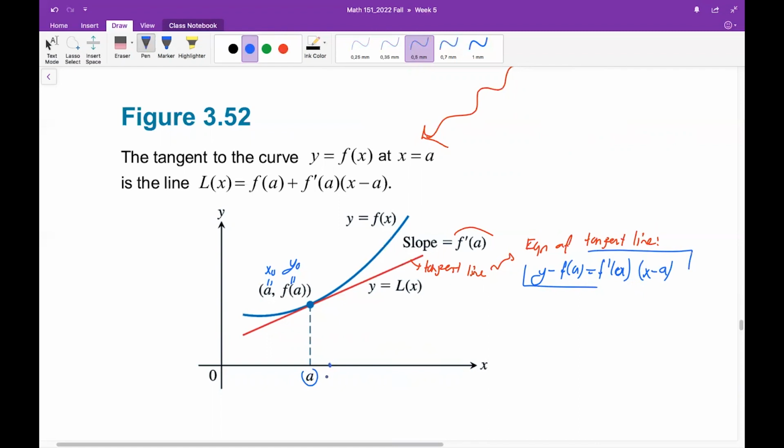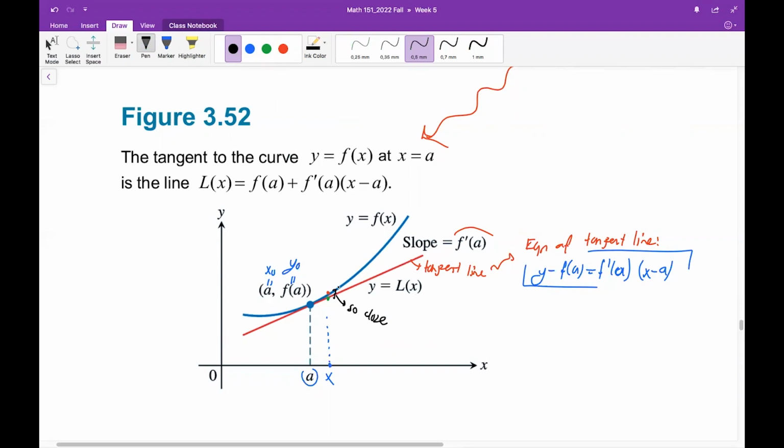As we observe, at some point near your tangency point, let's say this one, the values of your function, which is here, and the values on the tangent line are so close to each other. That's why we will use the values on the tangent line to approximate the values on the curve.